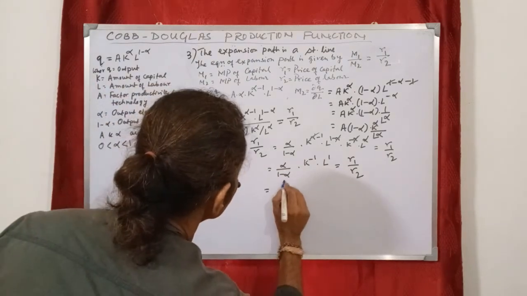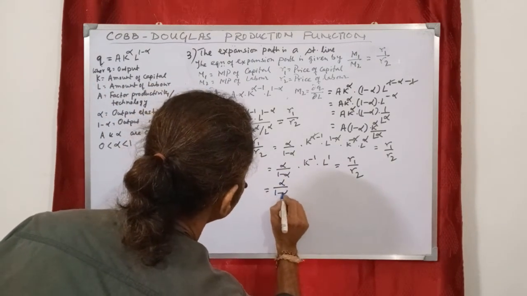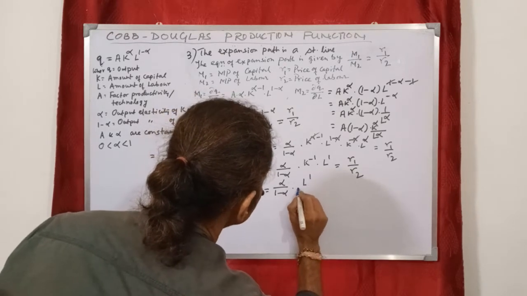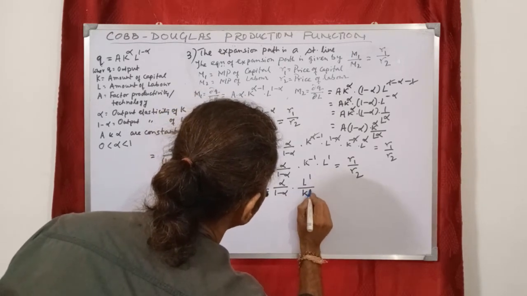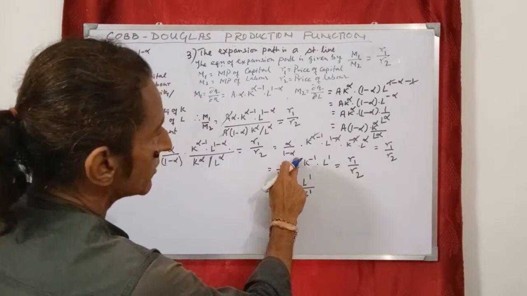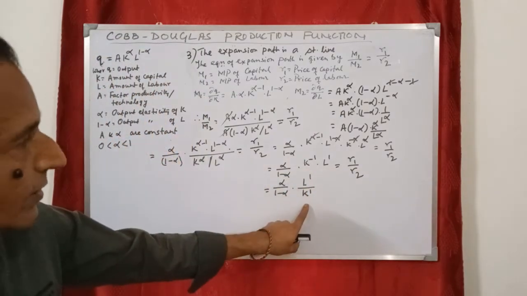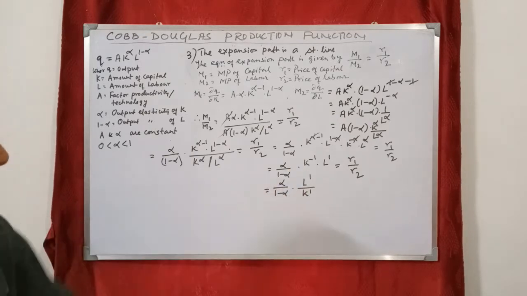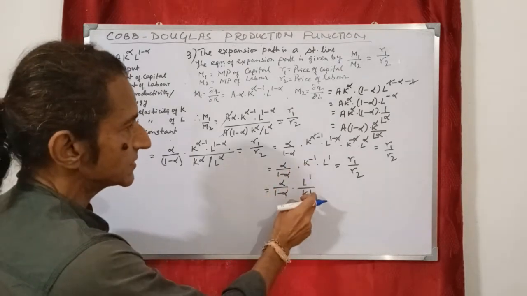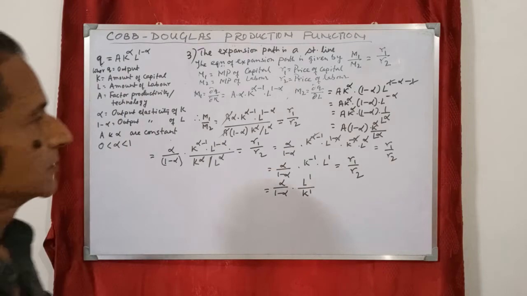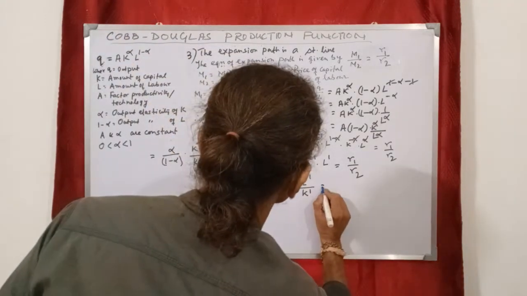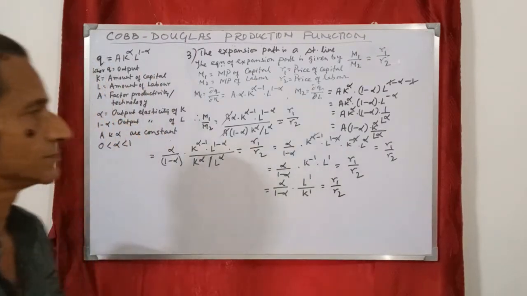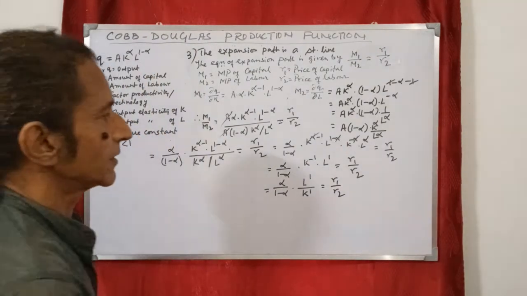This is equal to alpha by 1 minus alpha L to the power 1 divided by K to the power 1. K to the power minus 1 means 1 by K to the power 1. So we have transferred from numerator to denominator by changing the negative sign to positive. This is equal to R1 by R2, right?